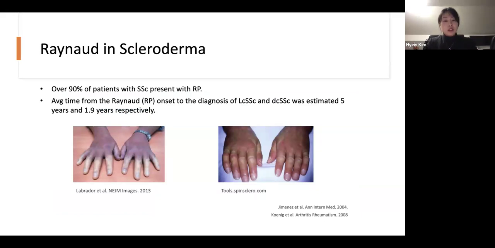On average, it can precede the diagnosis of scleroderma by 2 to 5 years. In limited scleroderma, Raynaud happens about 5 years before the diagnosis. For diffuse scleroderma, it's typically about 2 years before the diagnosis.